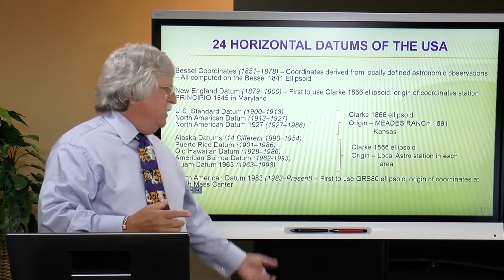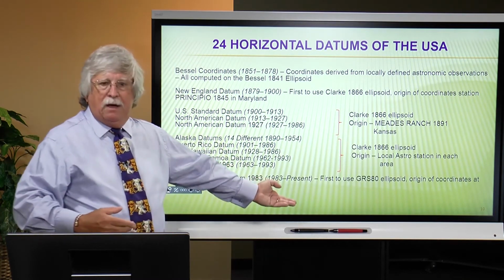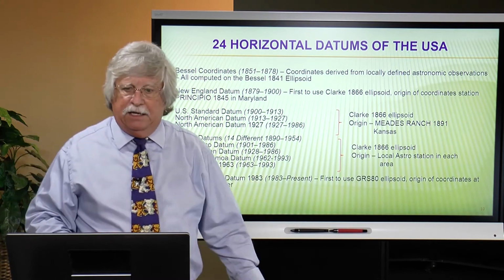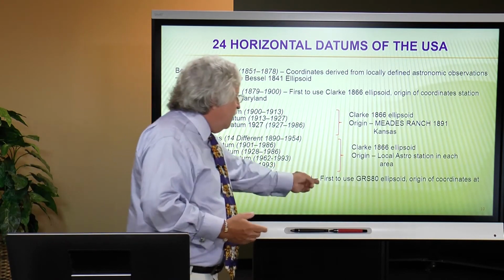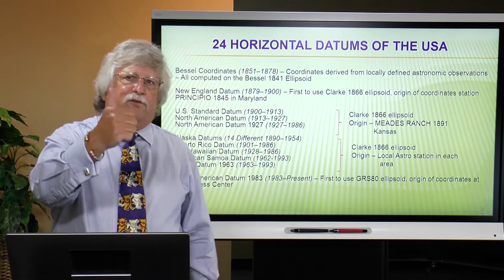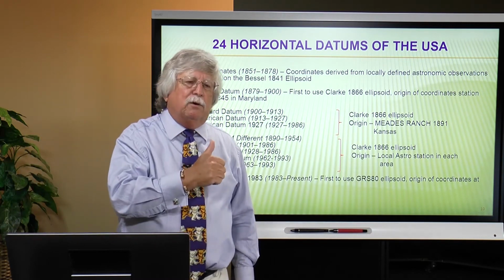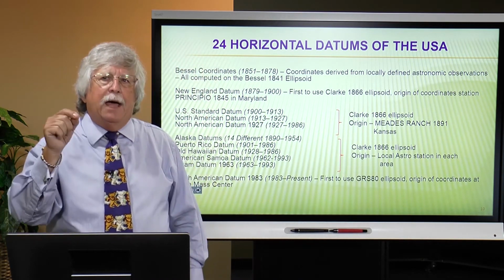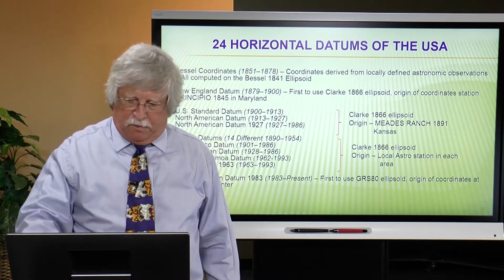And all of that today is based on the North American datum of 1983, defined in 1983, permanently adopted in 1986. And it's the very first to use that GRS 80 ellipsoid. It was also the first datum anywhere in the world, civilian datum anywhere in the world, to have its origin of coordinates at or near Earth's geocenter. So there's a list of the 24 datums.